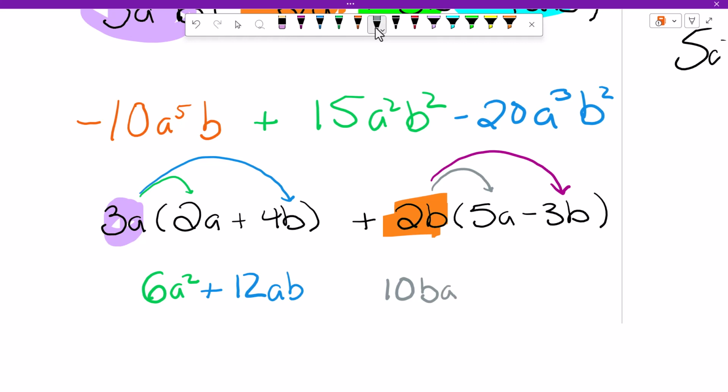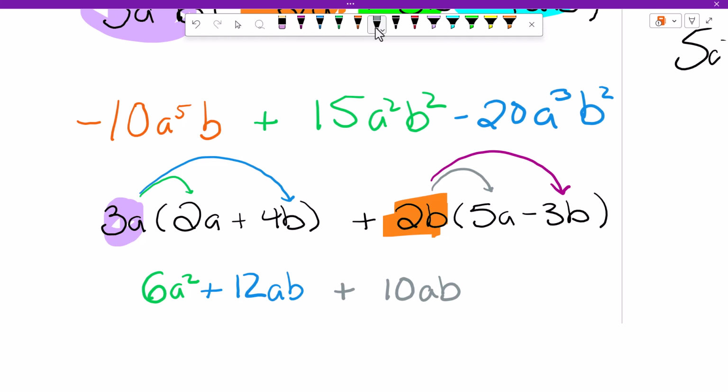But this is what we were talking about, math grammar. When we write letters, you should go alphabetical order, because BA is the same thing as AB. You don't want these things to look different, right? So this we'll rewrite as AB. And that needs to be separated here by a term sign, plus or a minus? Plus, because it's a positive.